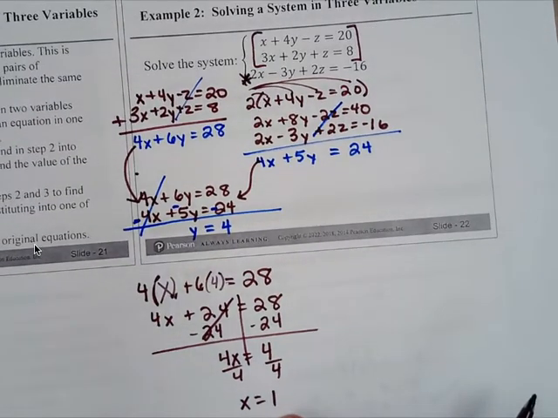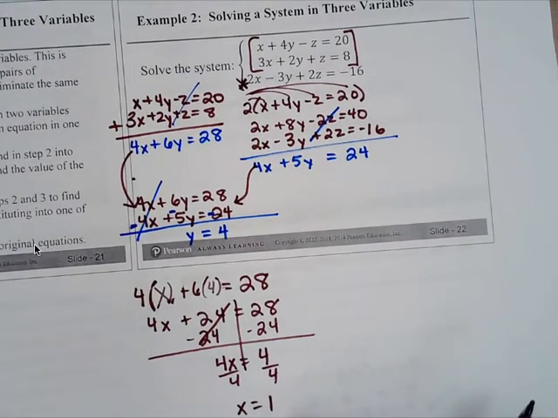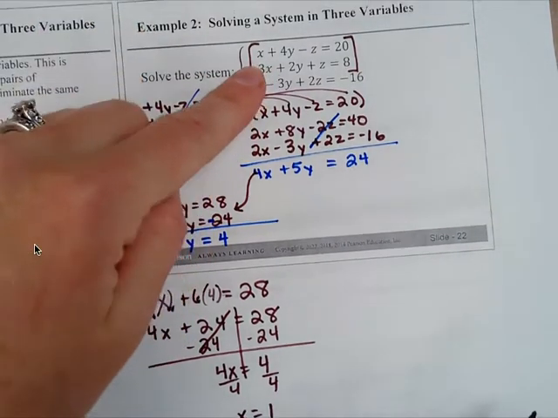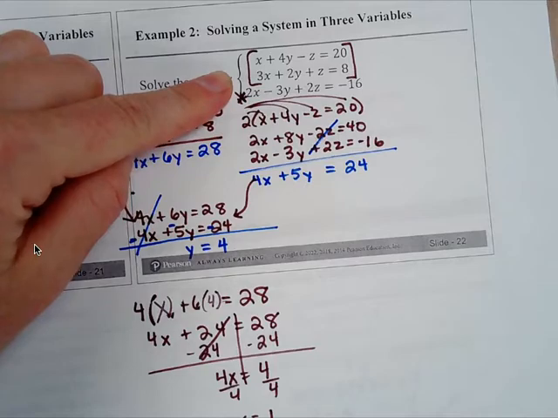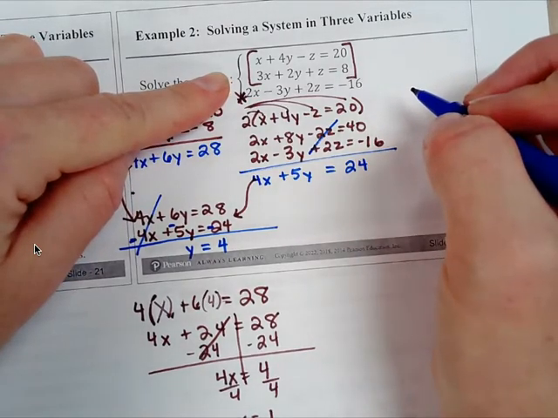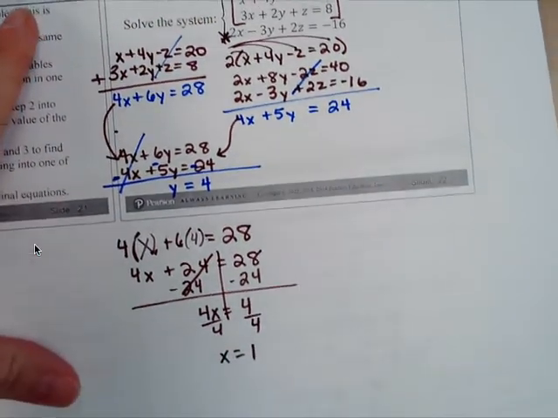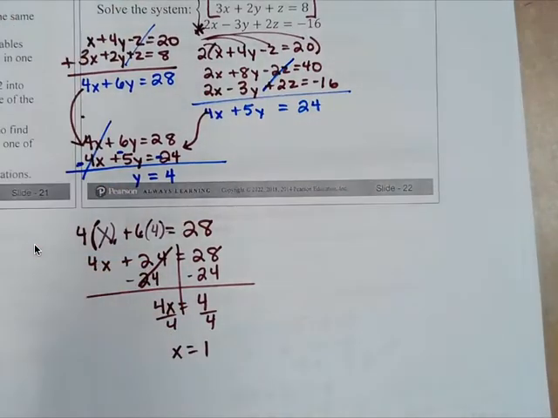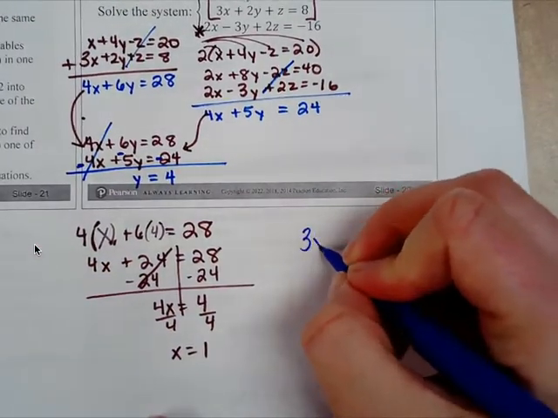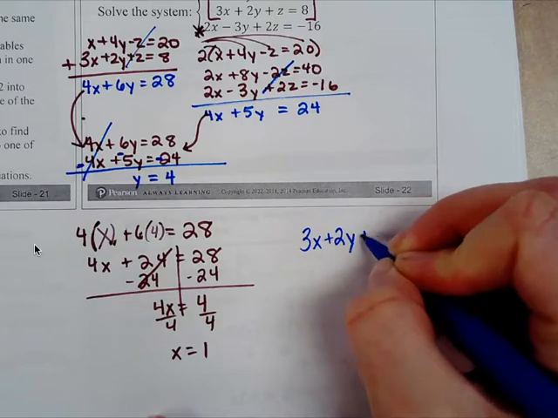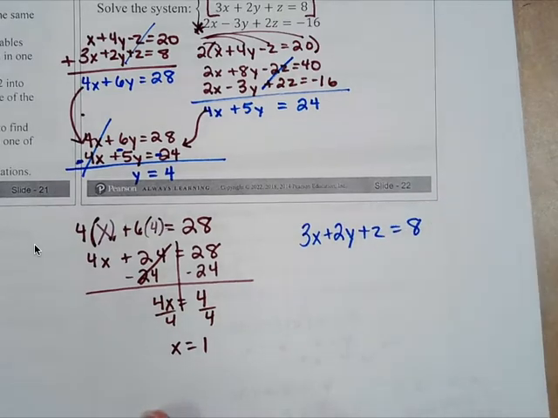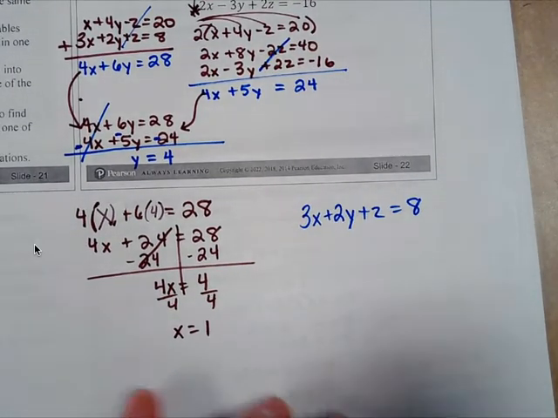So we want to plug it into one of the originals now. Which one would be the easiest to deal with? It really doesn't matter. Yeah, the middle, because they're all positive. What is z? We don't know. That's what we're going to find.